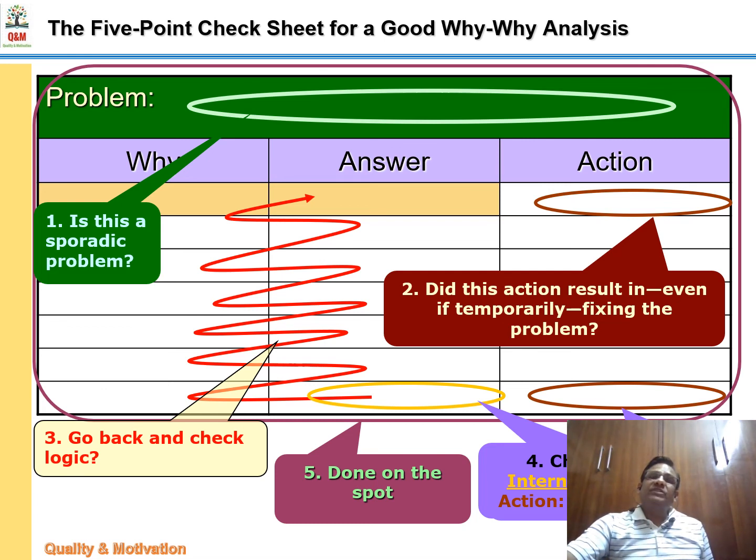So these 4G principles are also applicable when we do the why-why analysis, to get a better root cause and permanent corrective action. Hope now you have understood the problem solving technique, why-why analysis.